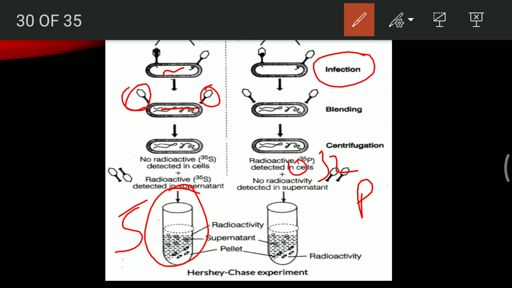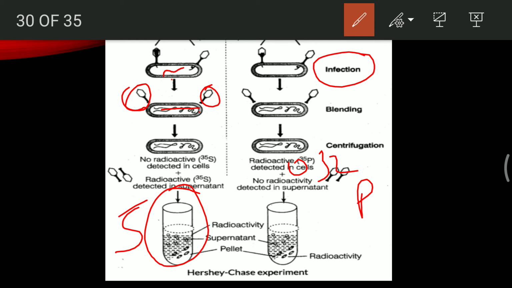Blending in the sense the way we use a mixer grinder, in a similar way it was ground and rotated at a very high speed. When something is rotated at a very high speed, there is separation according to the weight. The things which are heavier settle down, and the lighter things move up or float in the supernatant.